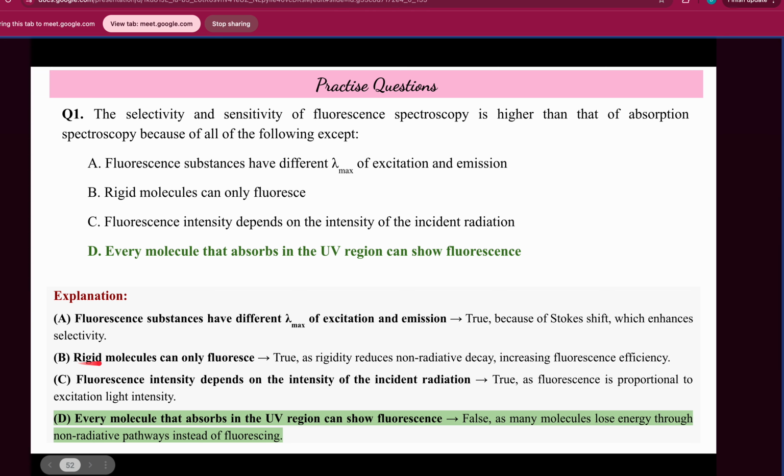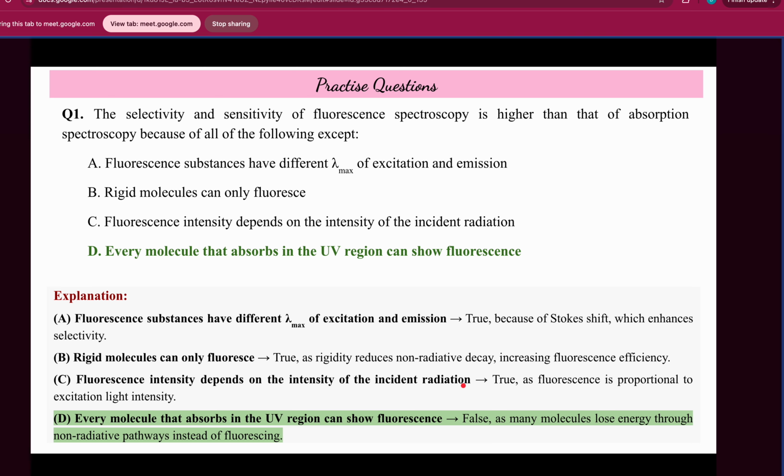Second option was that the rigid molecules can only fluoresce. This was also true because the rigidity reduces the non-radiative decay, which happens when the relaxation is happening in the vibrational level. So the rigidity will reduce the non-radiative decay, and this will increase the fluorescence efficiency. Third option was that the fluorescence intensity depends on the intensity of the incident radiation.